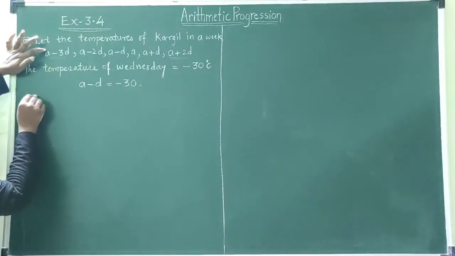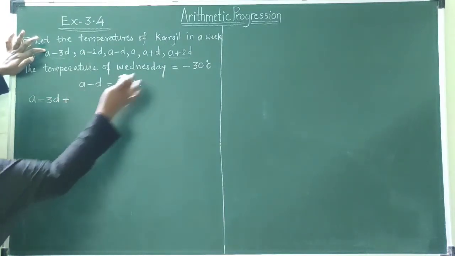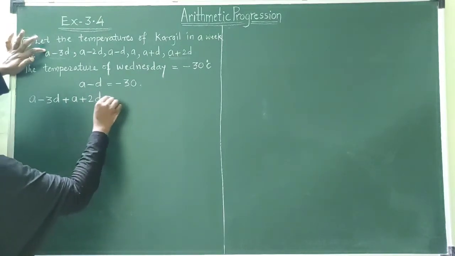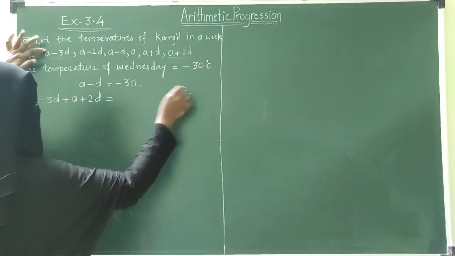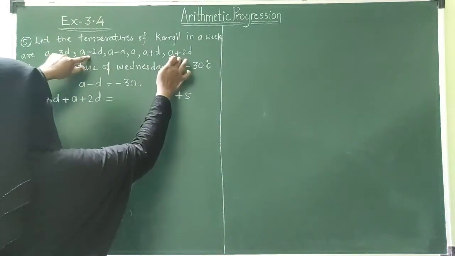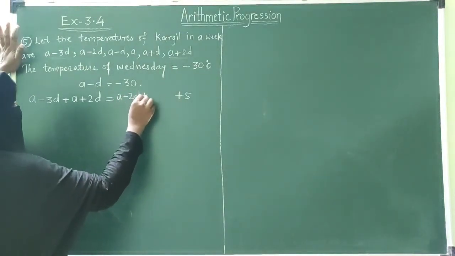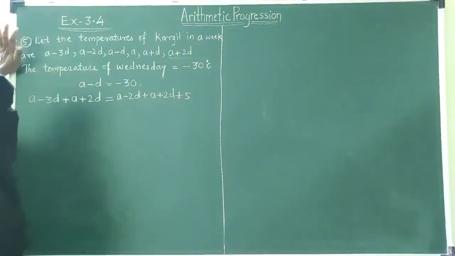Sum of these two: A minus 3D plus A plus 2D. It is 5 more, plus 5, than the sum of temperatures of Tuesday and Saturday: A minus 2D plus A plus 2D.